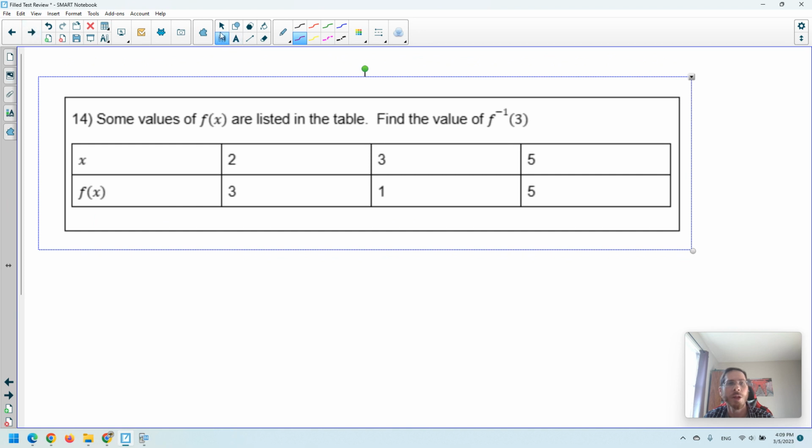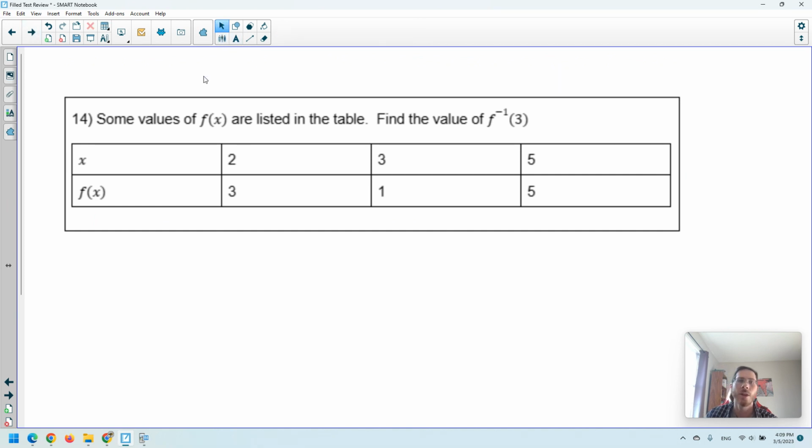All right, for 14, we got some values of f of x. Find the value of f inverse of 3. So f inverse of 3 means that if this were y, we need to find x. X is 2, and that one's done. So that one's really fast.